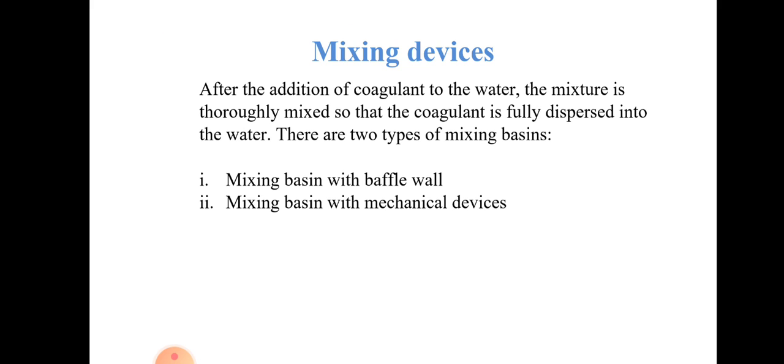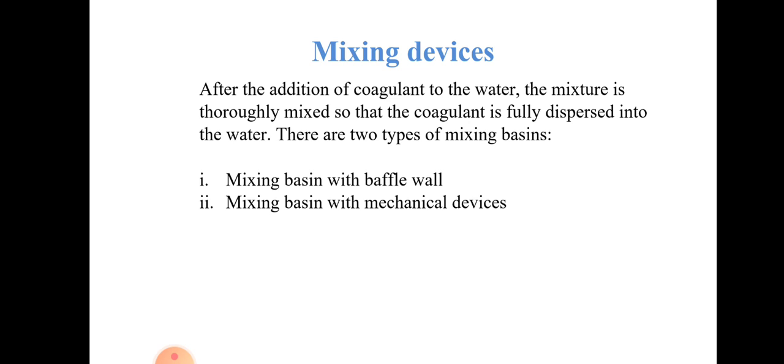Now coming to the types of mixing basins, broadly we can classify them into two types. Firstly, the mixing basin with the baffle wall, and then the second type, a mixing basin with mechanical devices. A mixing basin with a baffle wall consists of a number of baffles inside the basin.